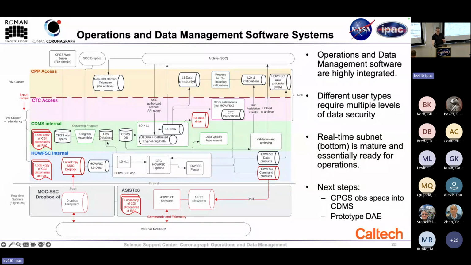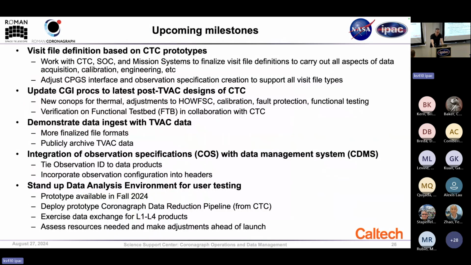The observation database is tied to the data reduction database, because we need information that comes from the observer to go into those L1 headers that the observer will be able to access. And then, of course, HOPUS is also a heavily integrated loop that includes both ops and data management. So it was a good thing that they are both at the same institution.